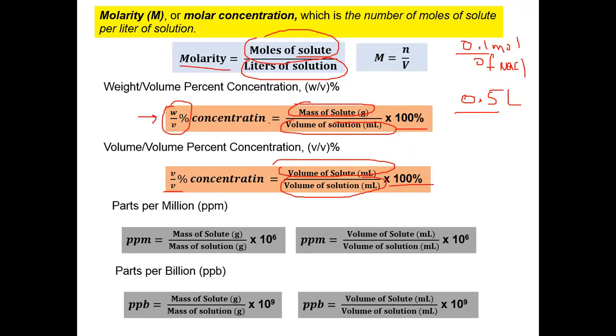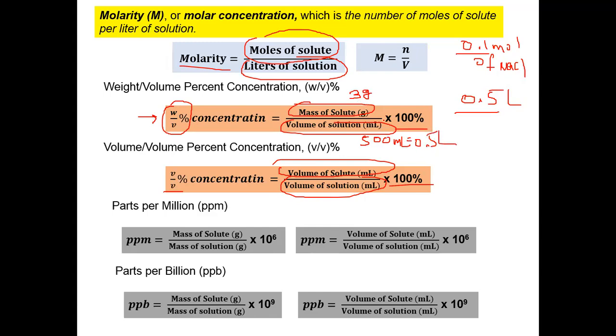Okay, if you want to find the percent concentration, you take the mass of solute, say 3 grams, and the volume of solution, say 500 milliliters, which is the same as 0.5 liters.